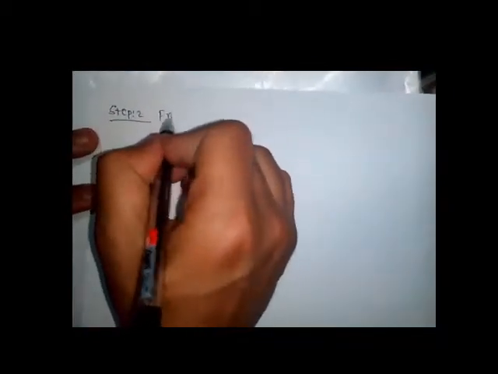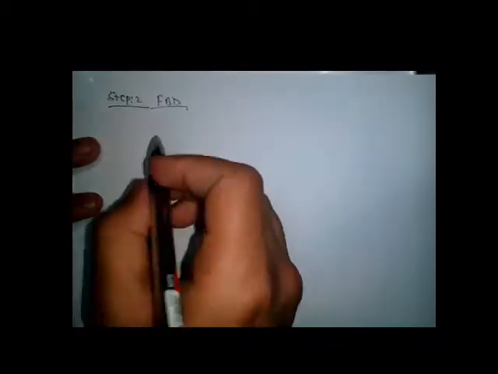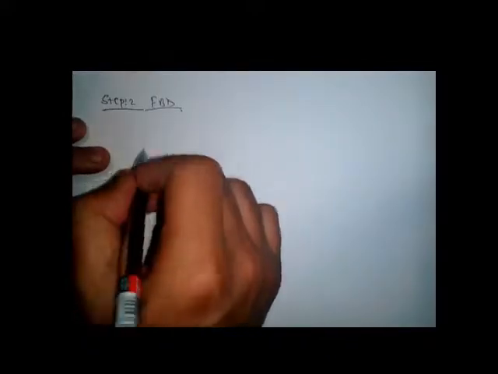Let's say step 2. In step 2 it will be a free body diagram, and in the free body diagram we'll separate each and every member.